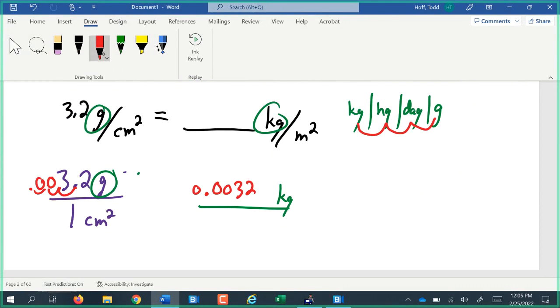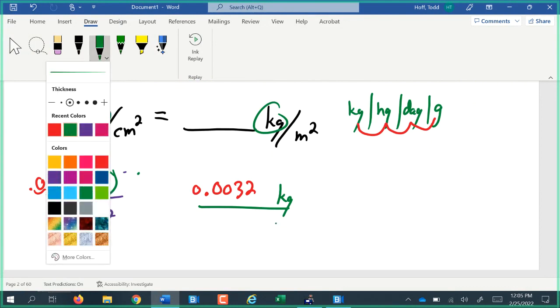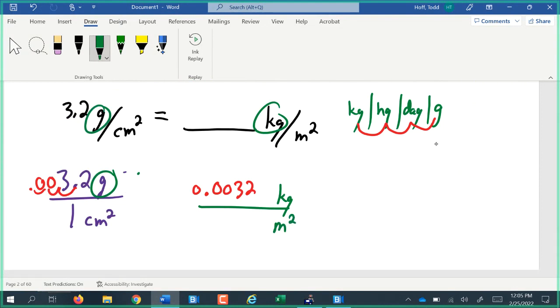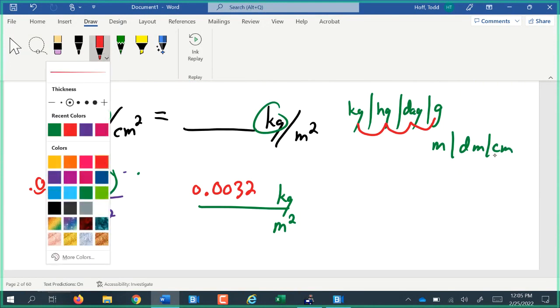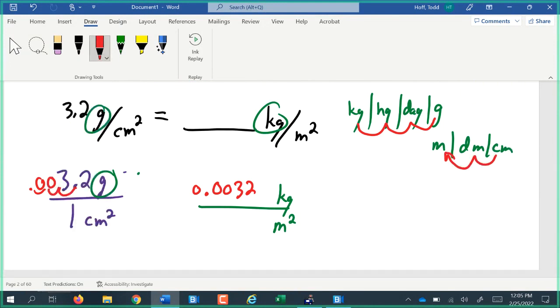From centimeters squared to meters squared. If I look at my chart, I have meters, decimeters, centimeters. To get from centimeters to meters is 2 spots to the left. But again, these are squared. Because they're squared, every spot on the chart is 2 decimal places. So this is going to be 4 decimal places that we have to move in our number. So the decimal point's right there.